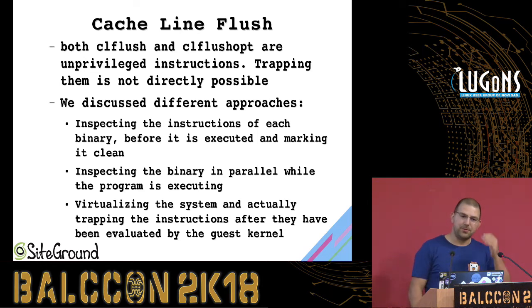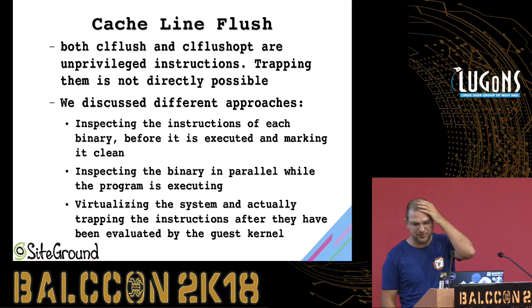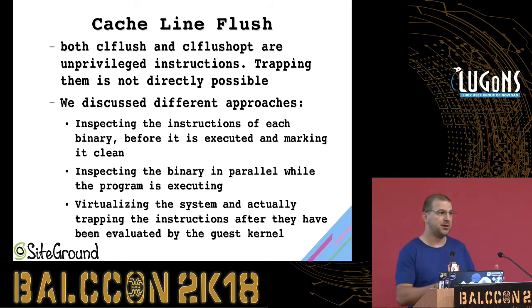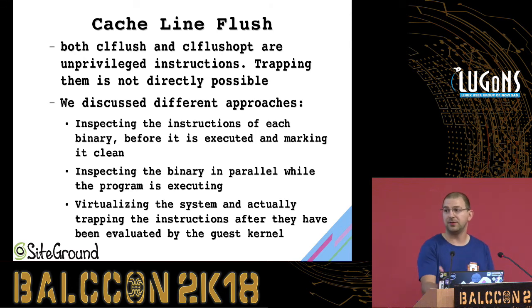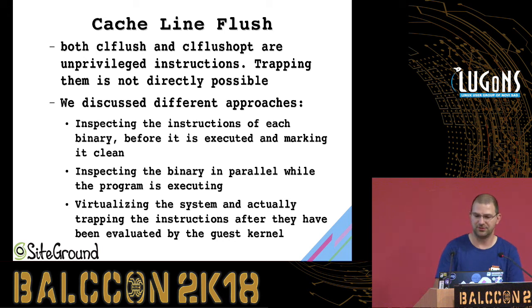So we decided to try to trap those instructions, CLFlush and CLFlushOpt. However, trapping those, since they are unprivileged, is not possible. There is no machinery inside the CPU that will allow you to trap an unprivileged instruction.